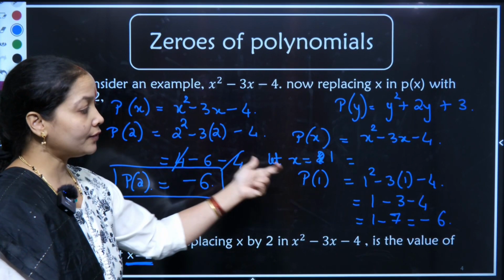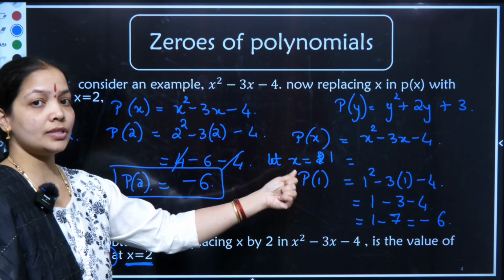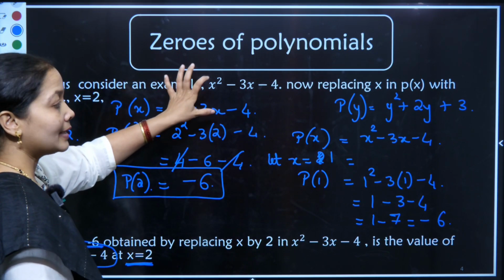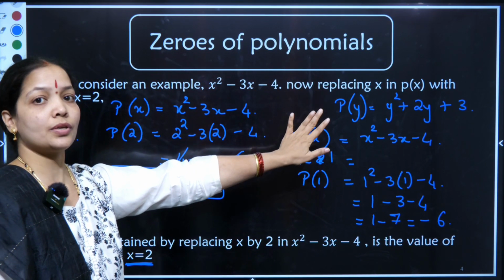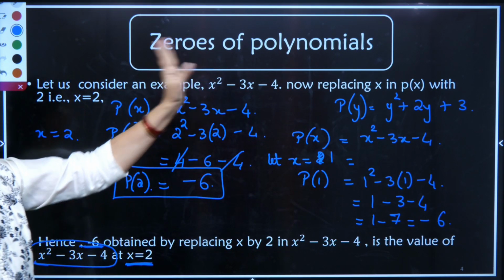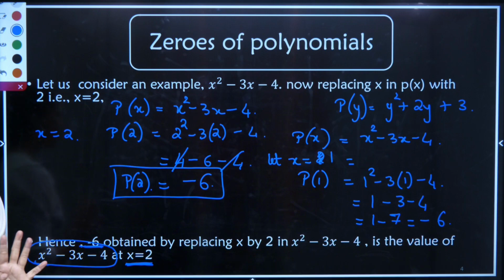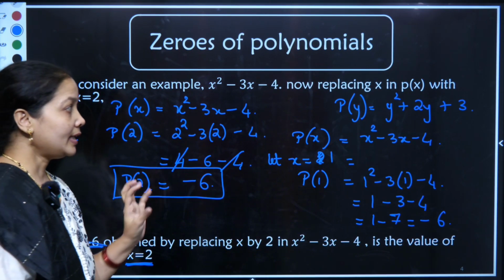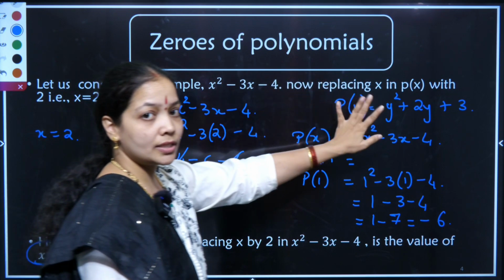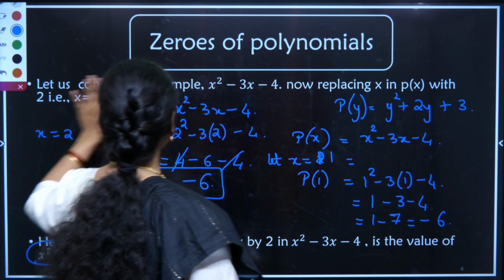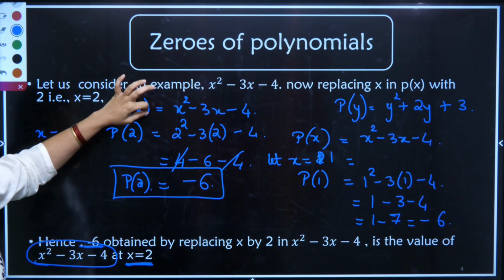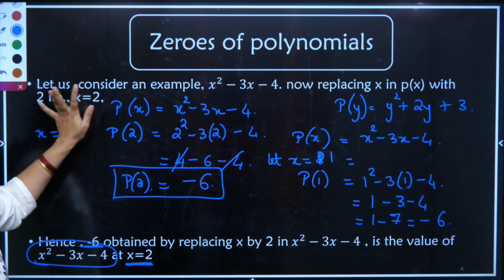So there might be different answers in different positions, in which we can have the same equation considered with different values of the variable and getting a different answer, which is called the zero of the polynomial p of x. Whenever an equation is given, there can be chances that in the question p of x with x equal to 2 is specified, or there might be chances where the value of x is not specified.